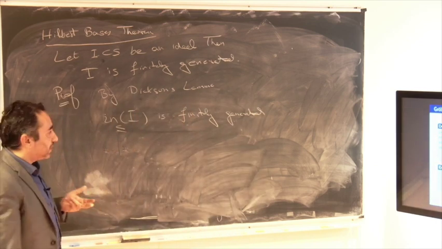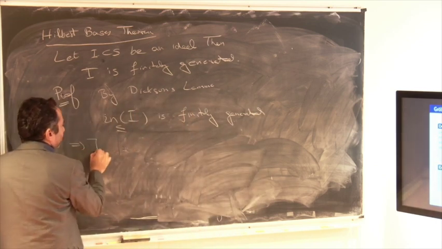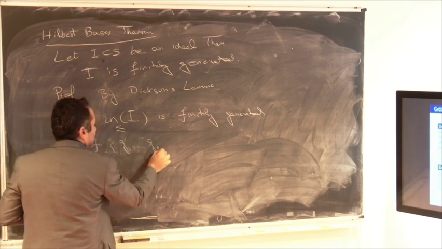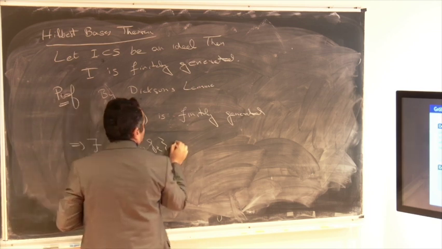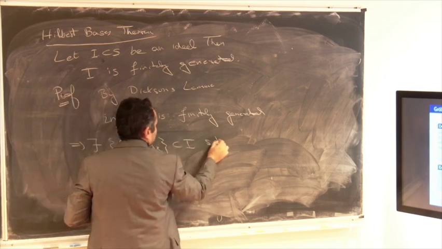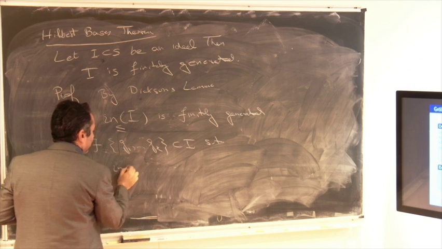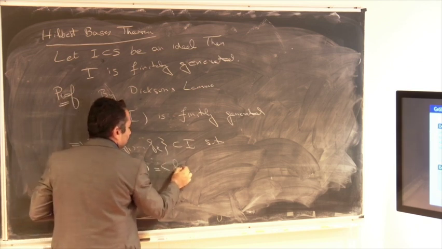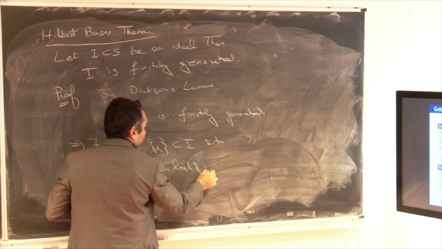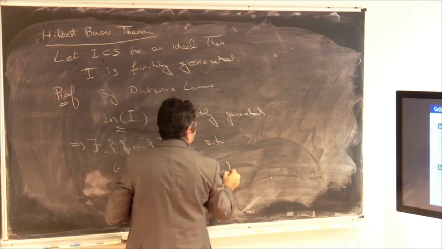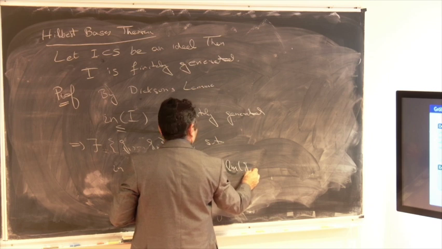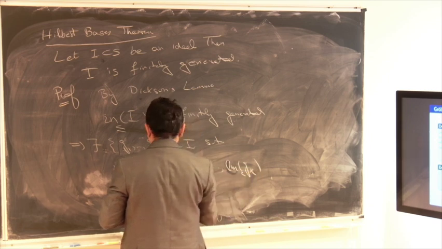What does it mean? It means there exists a set of polynomials g1 up to gk in I such that the initial ideal of I is generated by the leading monomials of these polynomials with respect to the fixed ordering.